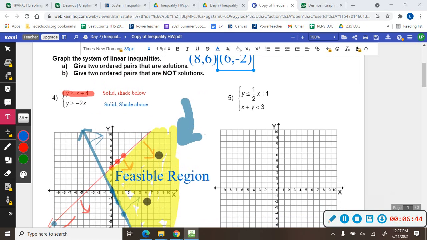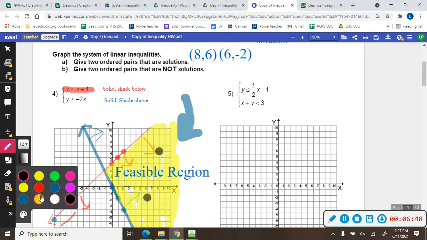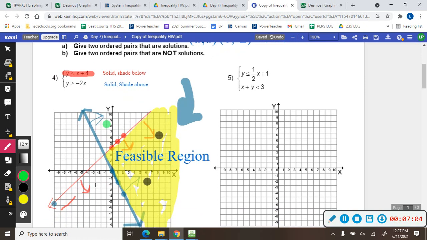And now we're supposed to pick two ordered pairs that are not solutions. So as long as it's not in this area, like if I pick this point, technically this is a solution for the blue area, but it's not what we call a solution because it doesn't work for both. So that's not a solution. Anything down here is not a solution.